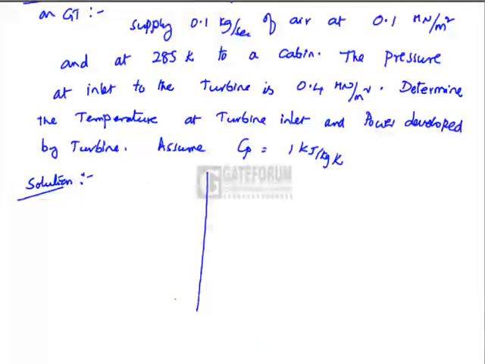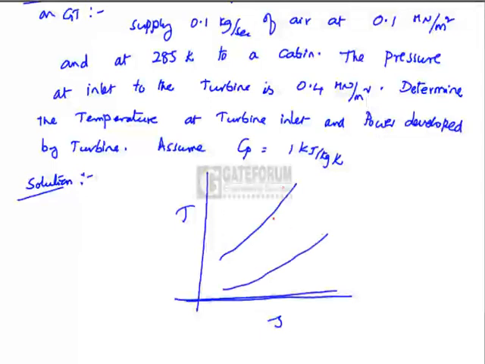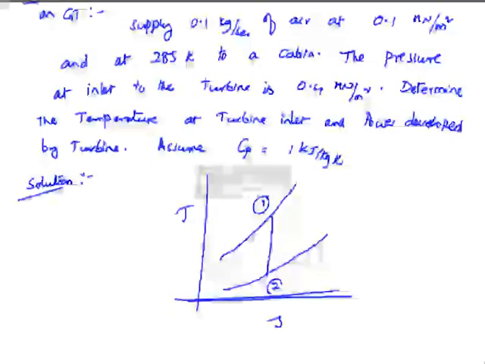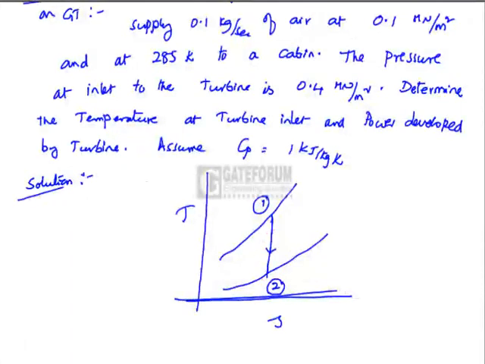Let us draw the expansion of the air in the turbine on a TS plane. The expansion is given as isentropic, therefore the expansion line is a vertical line. The inlet pressure is given as 0.4 megapascal and the exit pressure is given as 0.1 megapascal.